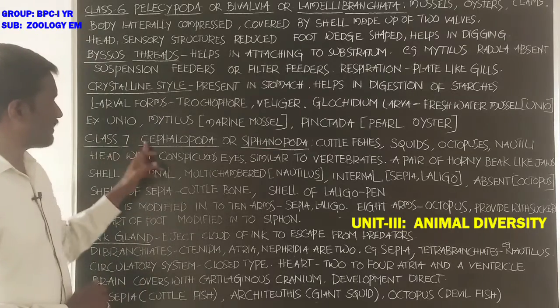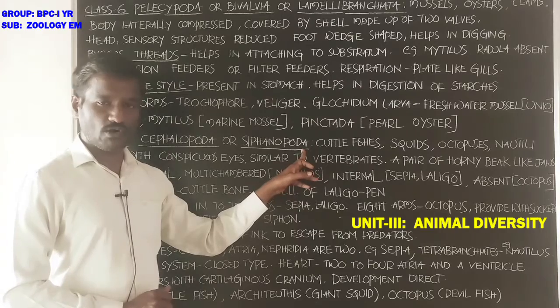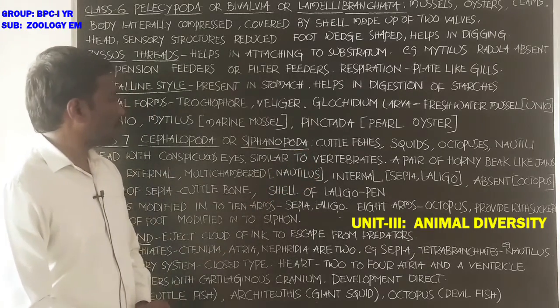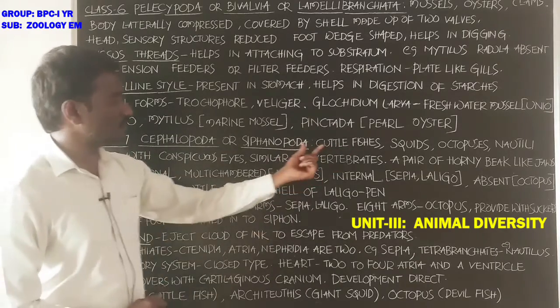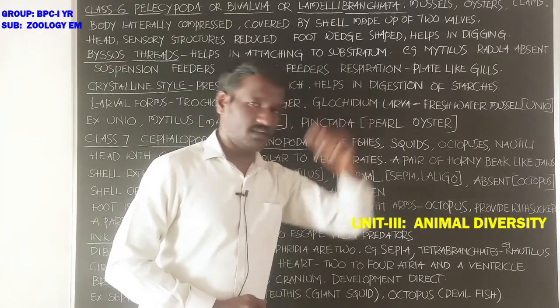Next, class 7, Cephalopoda or Siphonopoda. This class includes cuttlefishes, squids, octopuses, nautili.